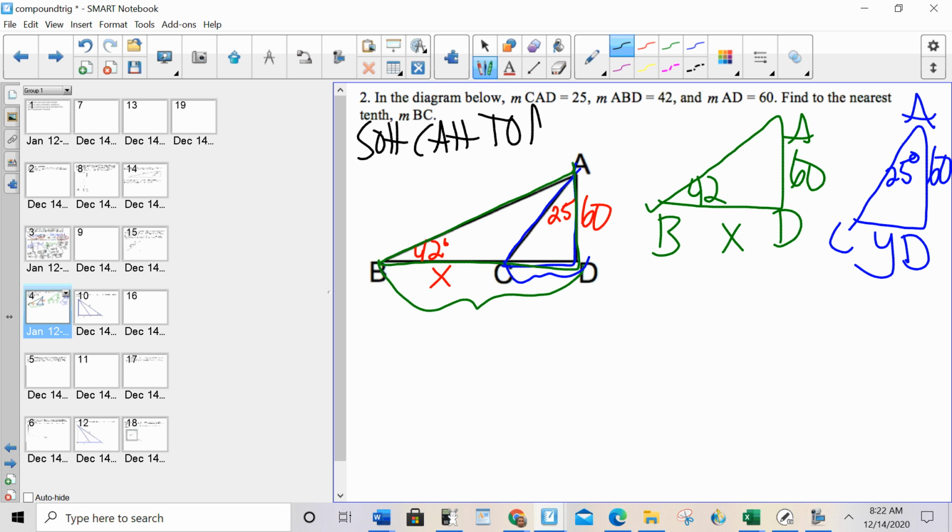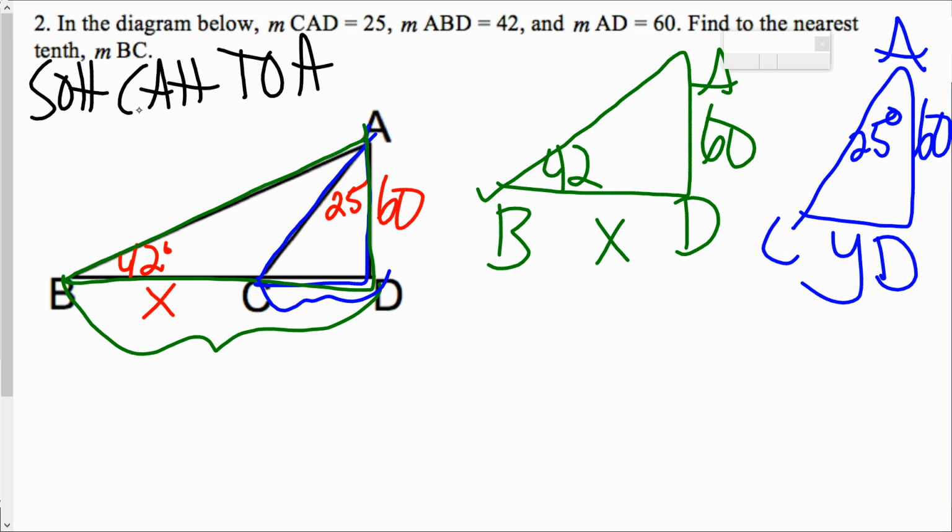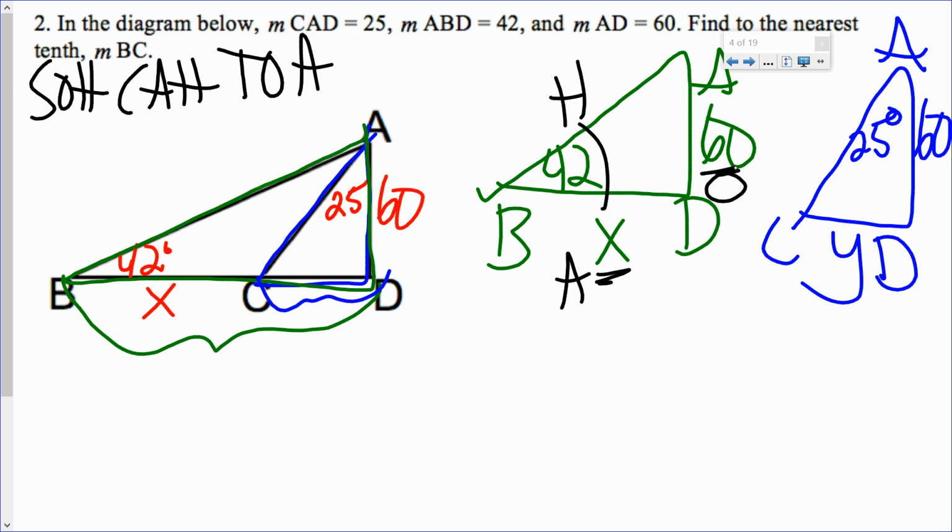Sohcahtoa. So for my green, HAO, which two are involved? A and O, so it's going to be tangent. So tan of theta equals opposite over adjacent.